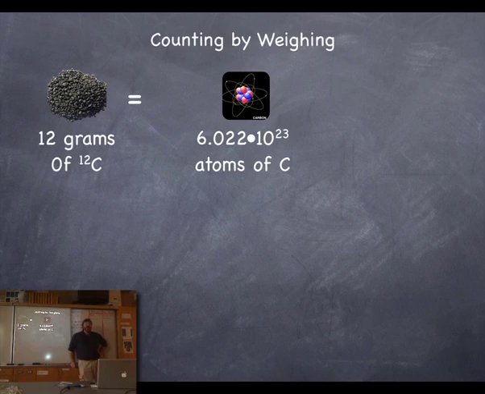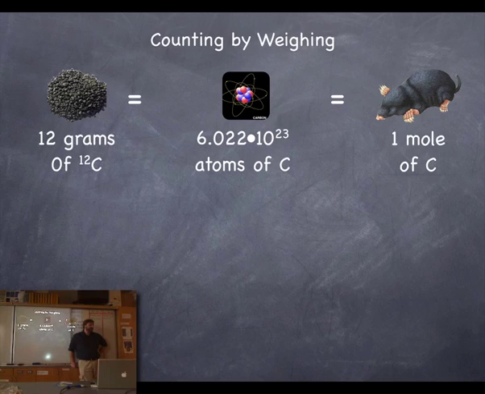I can have a mole of atoms. And a mole of atoms is 6.022 times 10 to the 23rd atoms. A mole is a word that represents a grouping of objects.